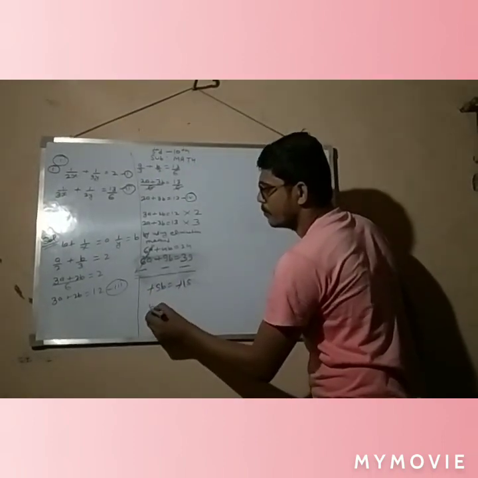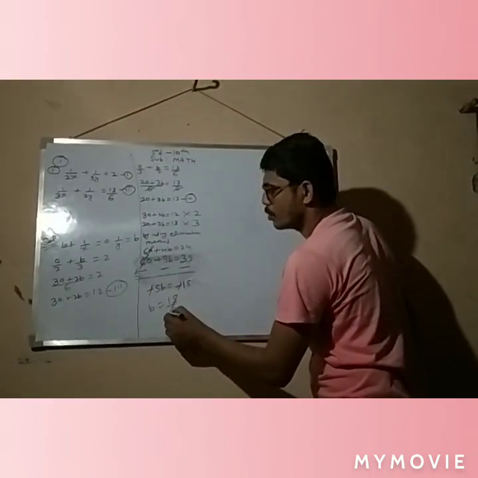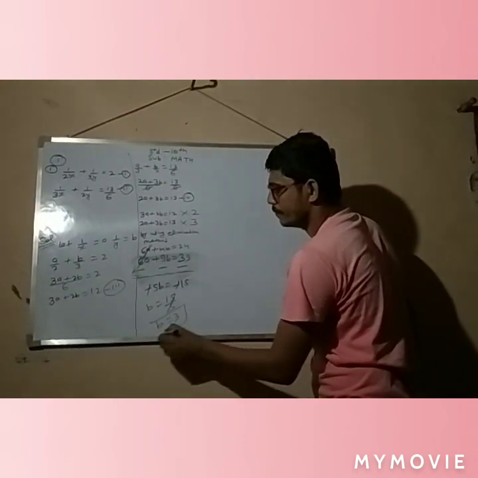Minus minus cancel. b is equal to 15 upon 5. So b is equal to 3.